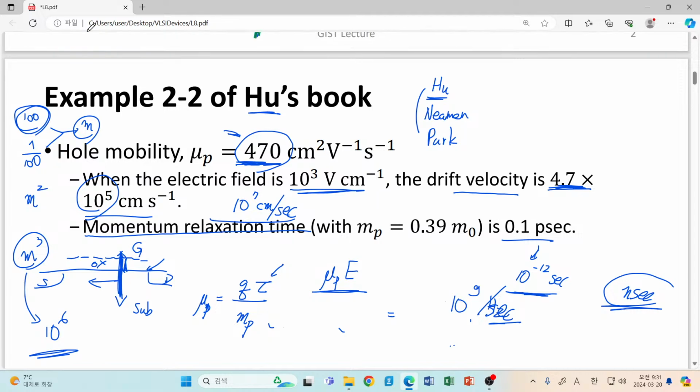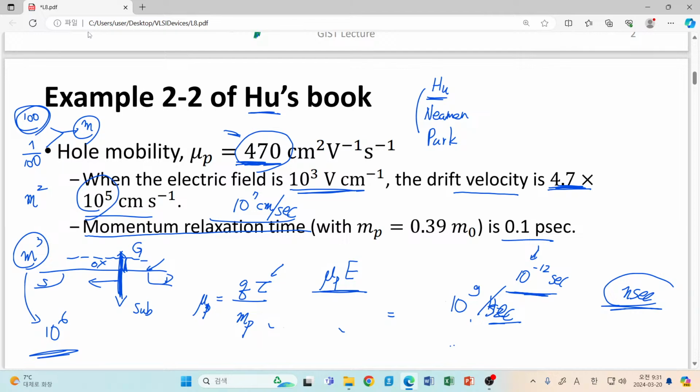That's the reason why sometimes you may think that your electron gas or hole gas is somewhat close to a certain equilibrium state, because electrons and holes move very fast, and if something happens to your electron gas or hole gas, they respond much faster.